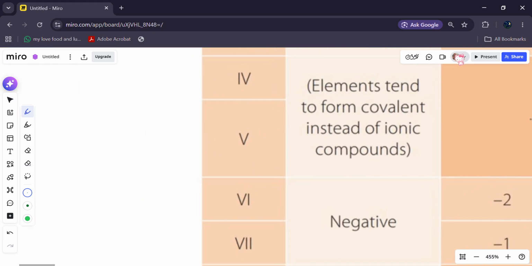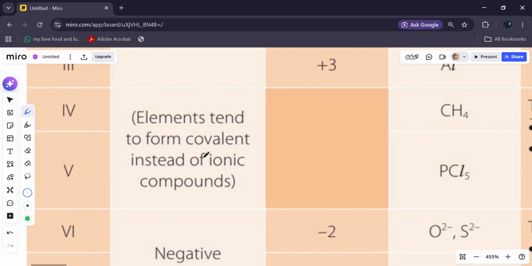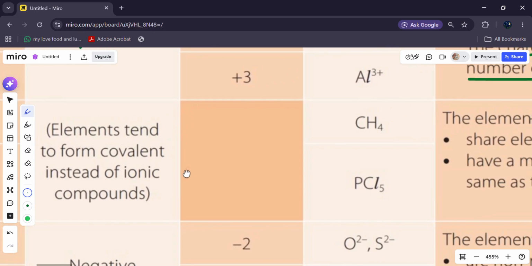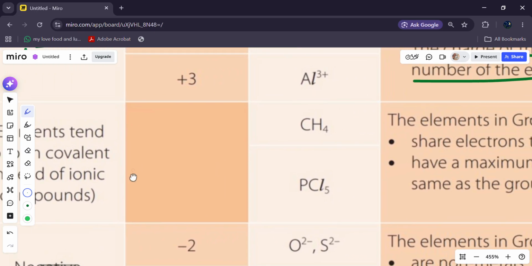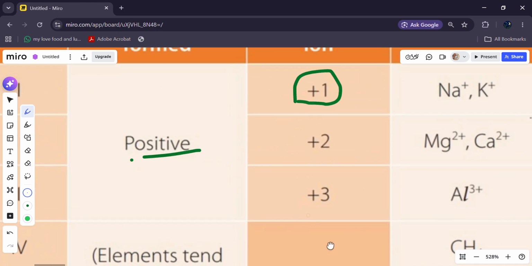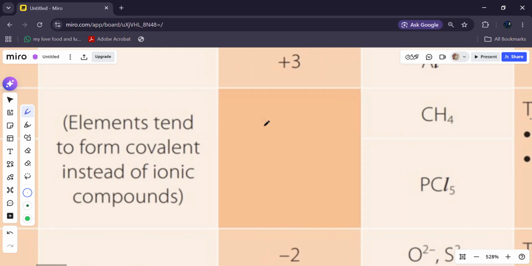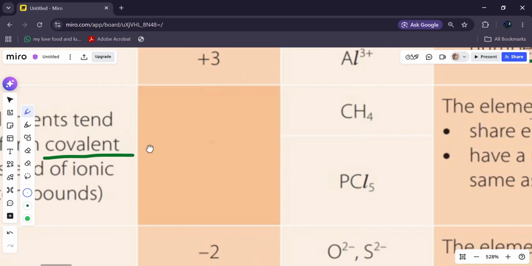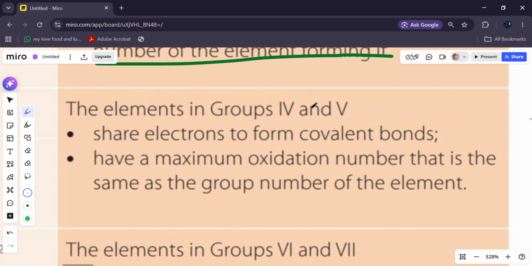Now, if we move on to groups 4 and 5, elements tend to form covalent instead of ionic compounds. The elements in groups 4 and 5 share electrons to form covalent bonds.